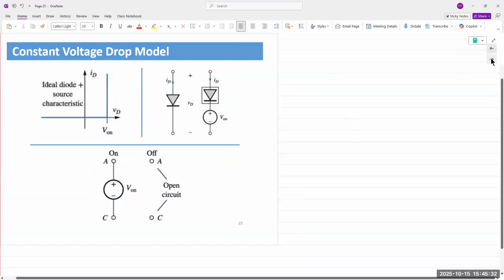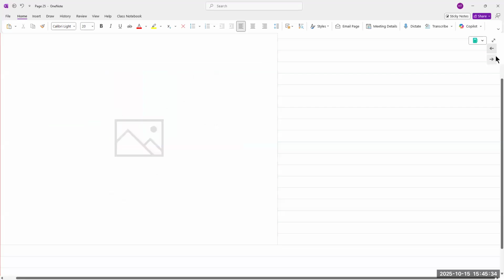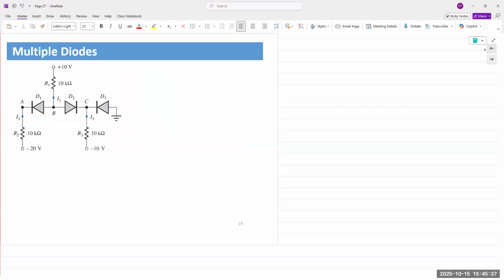3 diodes, let's see, right here in this example. You have three possible diodes. No way of knowing for sure which one's on and which one's off. So there are three diodes. Therefore, total states, 8 possible states.